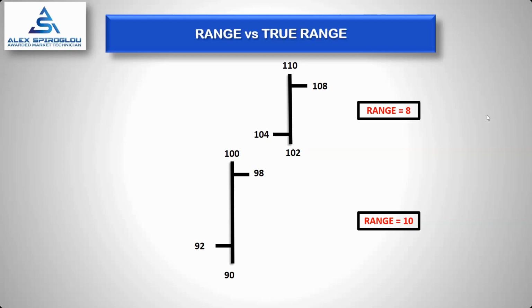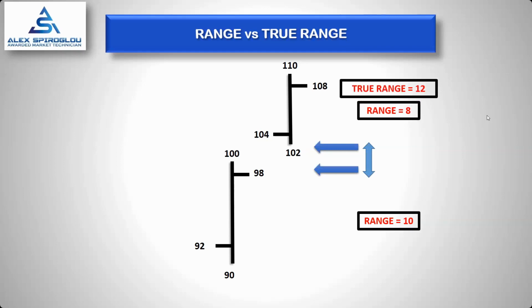Because, for example, imagine your market closing at 98 and then the market rising all the way to 110. You would have pocketed, assuming you were long, that gap difference as well. So the true range is actually 12, because it is the difference between the high of bar 2, 110, minus the close of the previous bar.